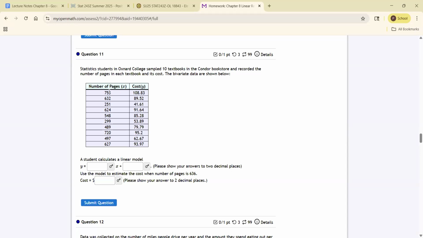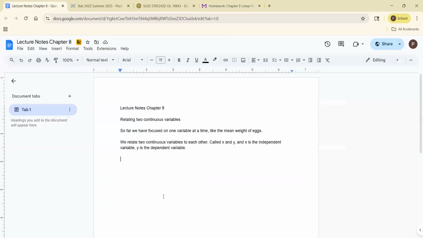Technically, you couldn't have a book with a fractional page, but there's enough spread in this range that we would consider this continuous. And then over here on the right, we have the cost of the books in dollars and cents. So these are two continuous variables, and we want to understand the relationship between them.